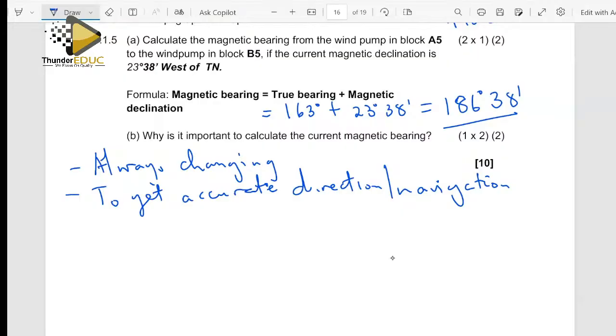If we use the old one, it is going to give us the wrong direction. Since it's changing, we cannot use it for a particular year. We have to use it for our current year so that we get the correct direction of where we want to navigate to. Right.